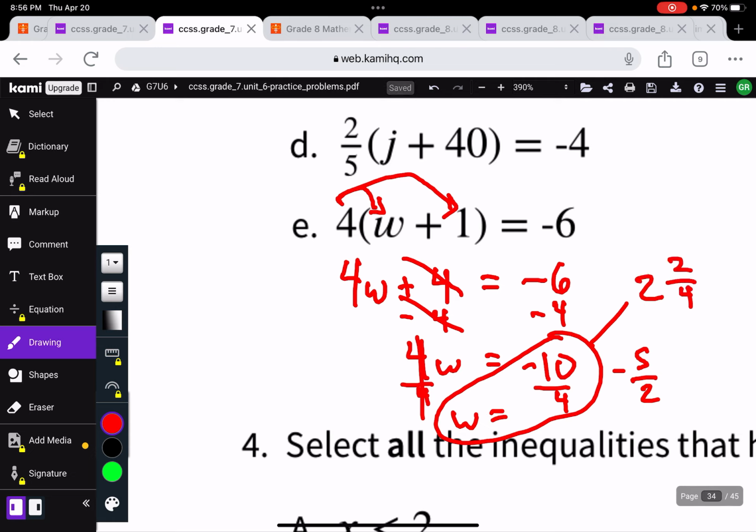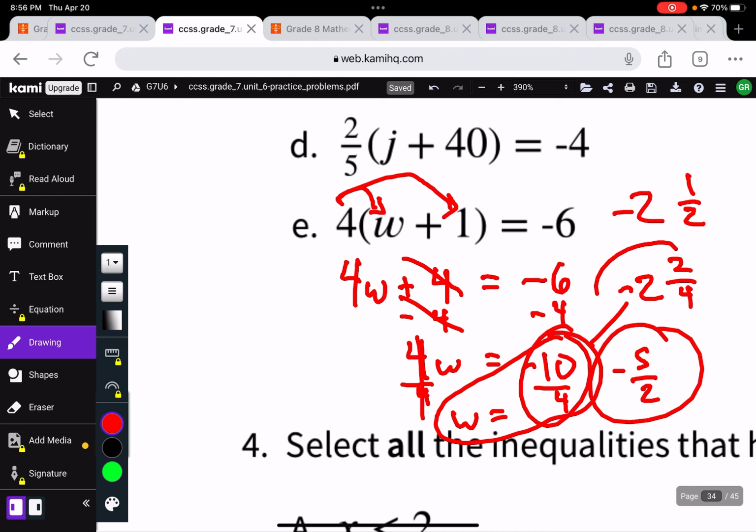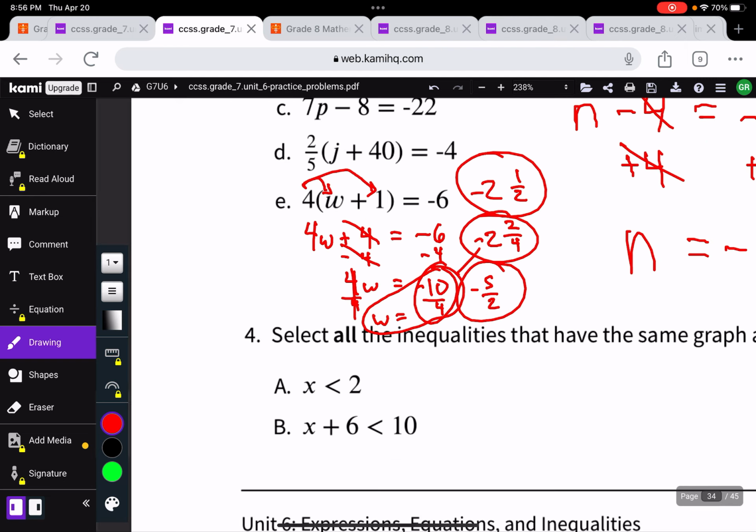I could say it's 2 2/4, and it's negative. Or I could say, wait a second, that's 2 1/2. That's negative. All of these are correct answers. The very top one maybe is the best answer just because it's easy to see, but when all else fails, that first one wouldn't have hurt us.